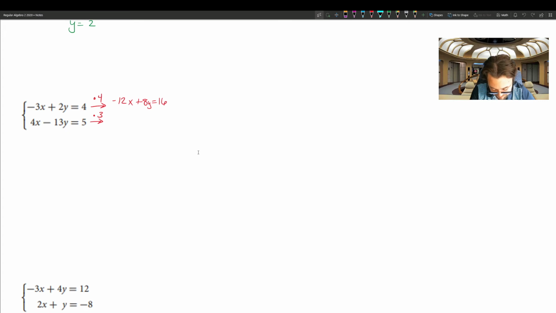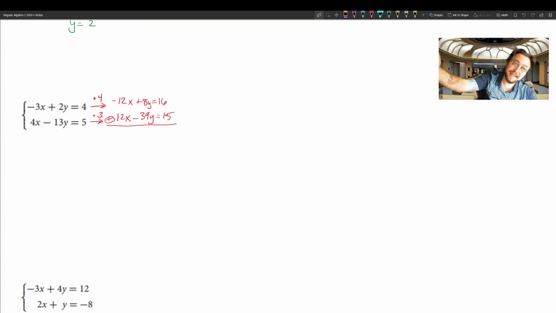On the bottom one, 3 times 4 will be 12x. 13 times 3 is 39, so -39y, and then 5 times 3 is 15.